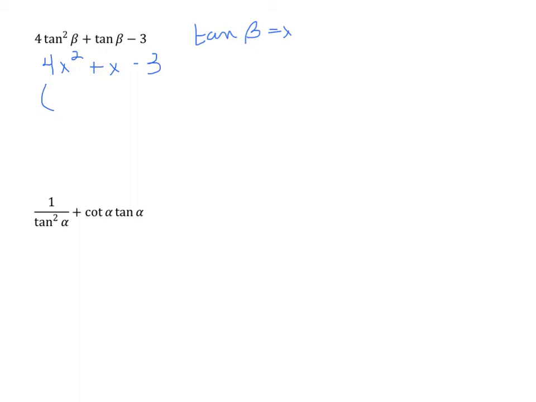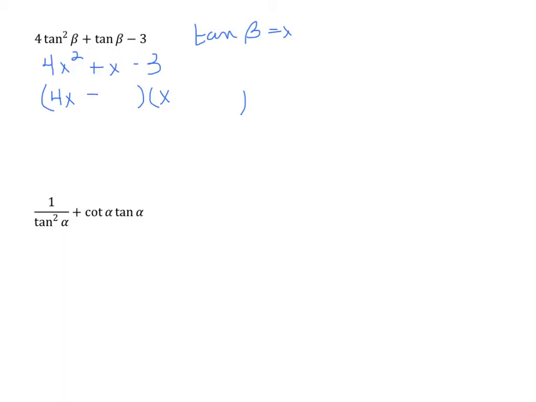In case you forgot how to factor, you put your parentheses here, and you start off with what numbers I can put here and here that will multiply to give me 4x squared. I start very simply with 4x times x. Then I think about what goes here and here that will multiply to give me negative 3. Well, I need a positive and a negative. I need a 3 and a 1.